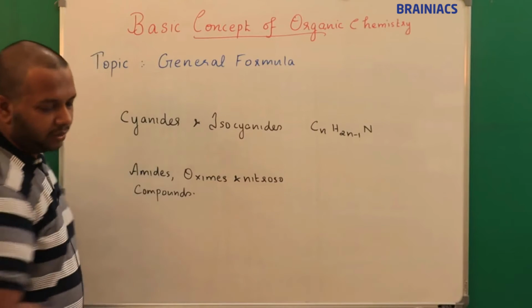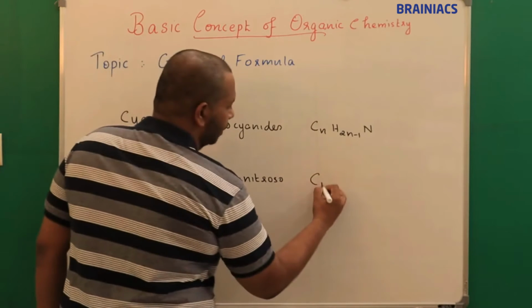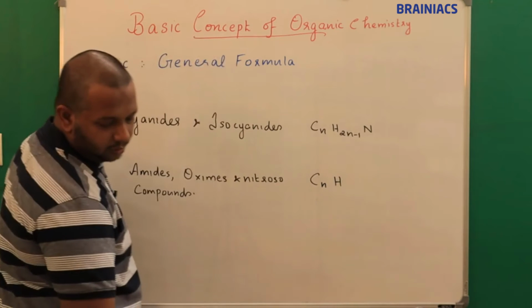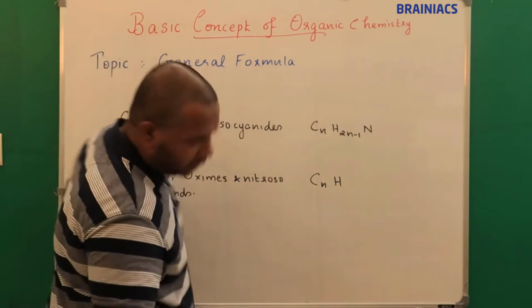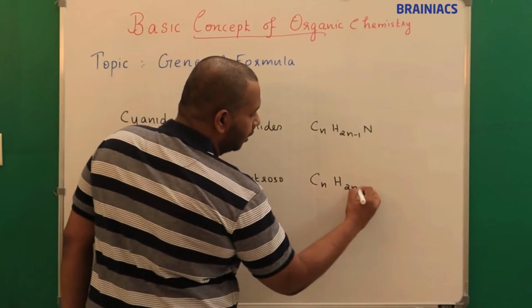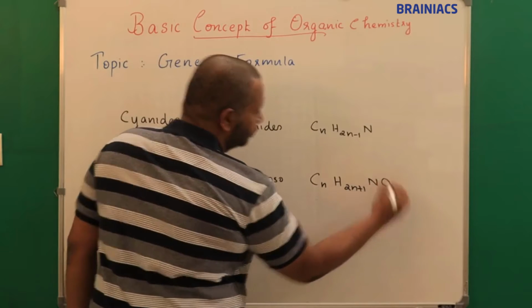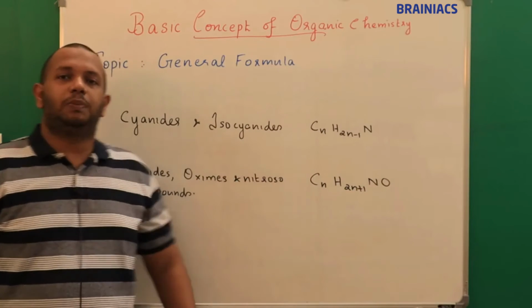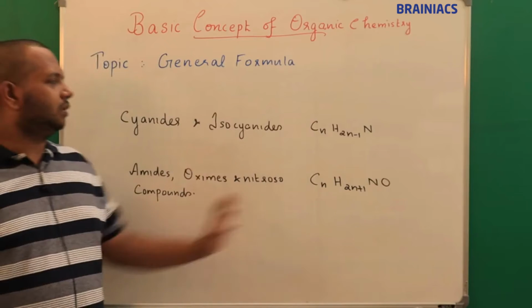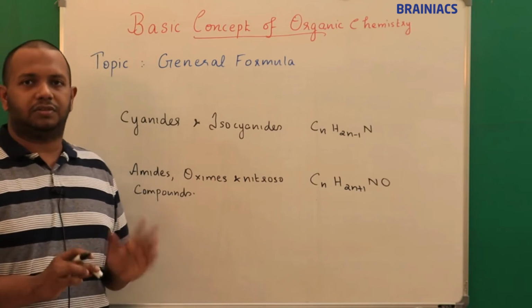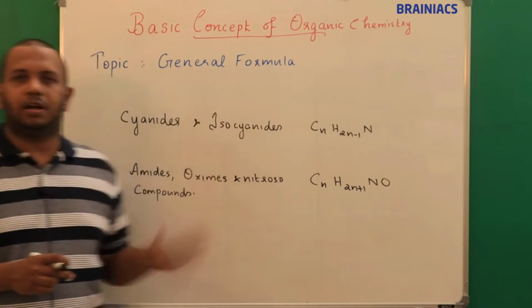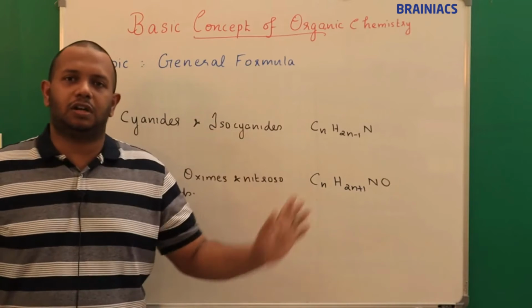For these compounds, the general formula is CnH2n+1NO. Please remember this. Not very important, but you can think about it. That's it. With this, I hope I have completed all the general formulas and homologous series. The first part is totally finished.